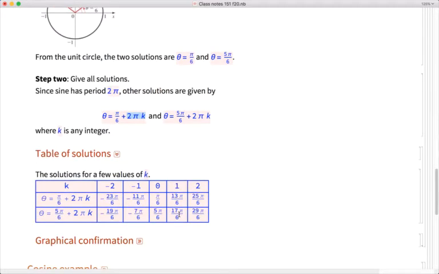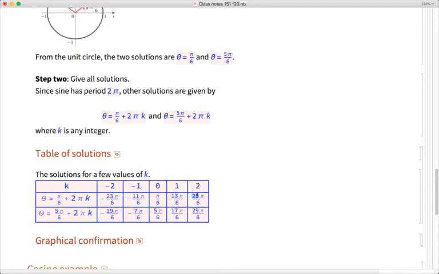Here's a table of values for a few specific values of k. When k is 0, we get the original two solutions that we found, pi over 6 and 5 pi over 6. When k is 1, adding 2 pi is the same as adding 12 pi over 6, so pi over 6 plus 12 pi over 6 gets us to 13 pi over 6.